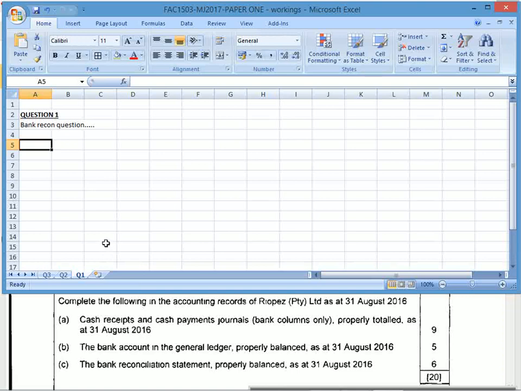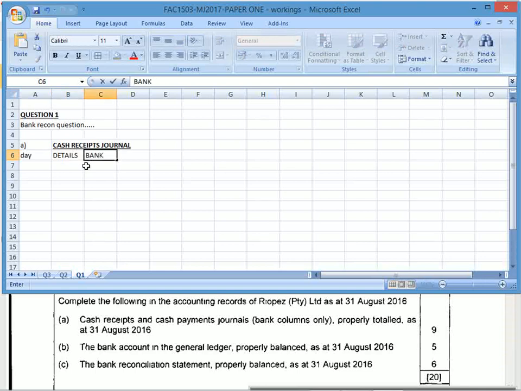So when we look at A, it wants what? Journals, receipts and payments, and they only want the bank columns though, properly totaled as at 31st of August. So cash receipts, you'll have date or day, you'll have details, and you'll have only bank.